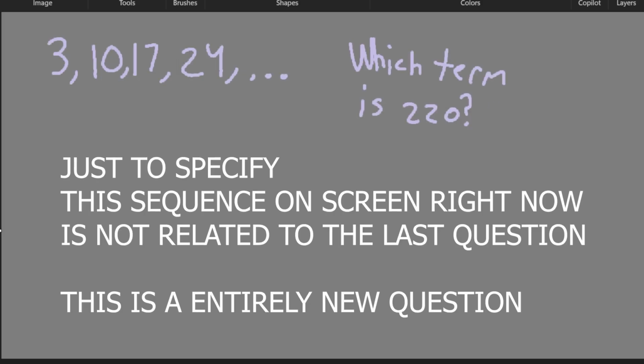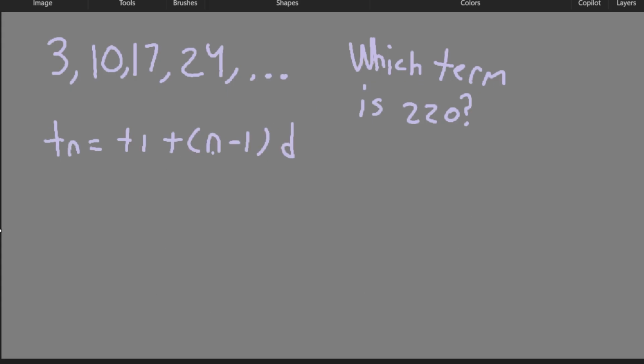So which term has the value 220? Let's get our formula again. It is asking us to solve for n, because n is the number of terms. It's asking for which number term has the value 220. So is it the 30th term, the 50th term, etc.? Here's what we know.